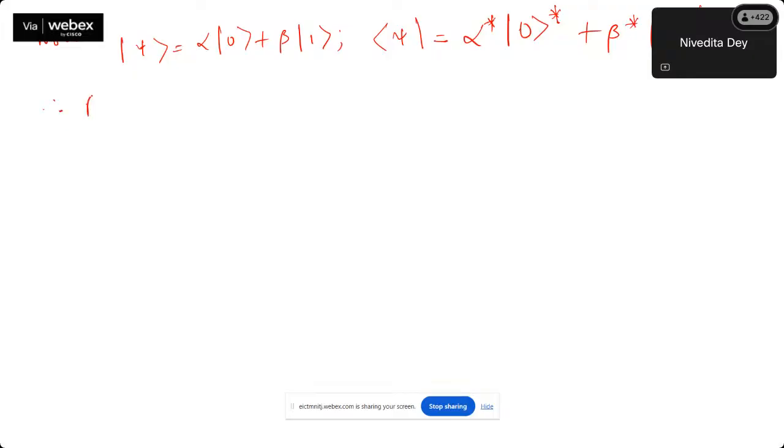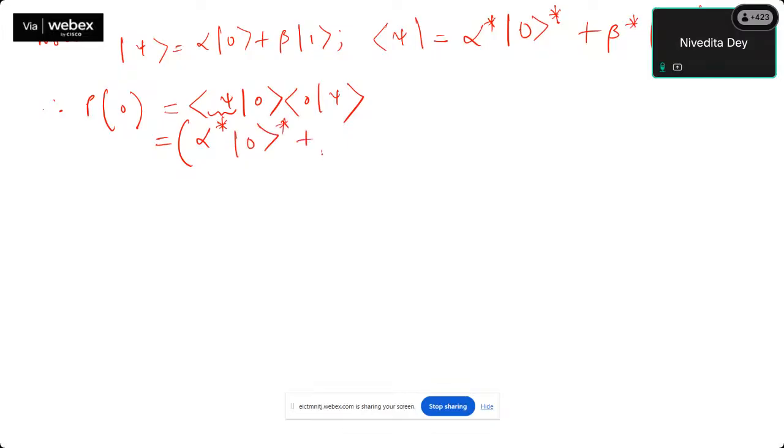So therefore P0 is nothing but, I'm just expanding this one, alpha star bra 0 plus beta star bra 1, then this ket 0, and this bra 0, and then alpha ket 0 plus beta ket 1.